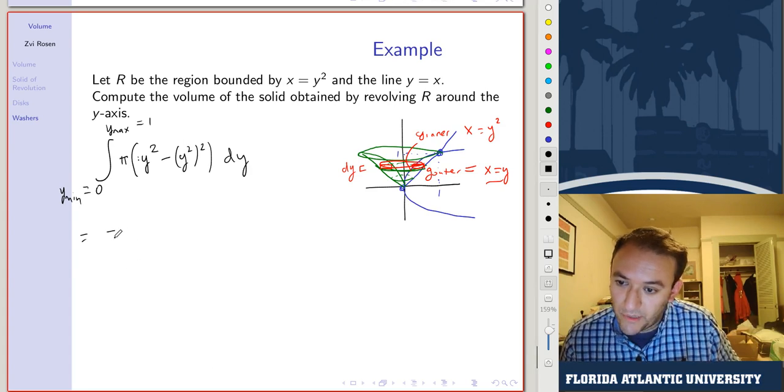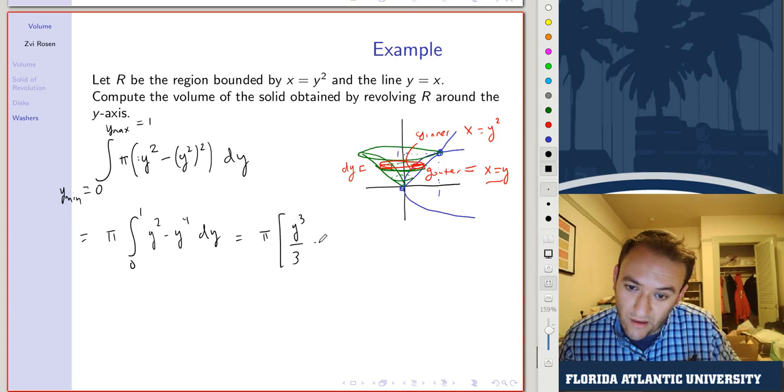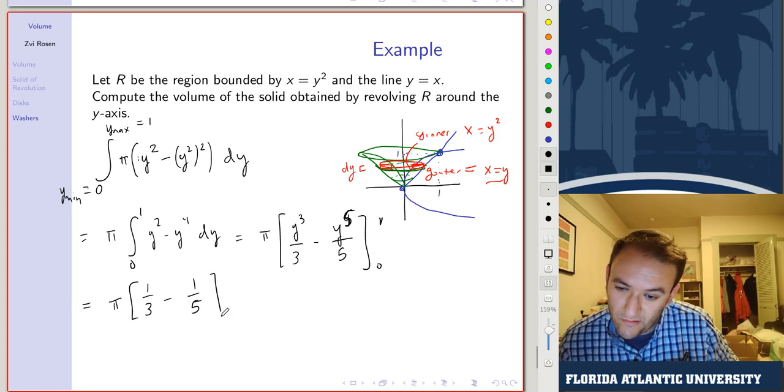Okay, and from here it's relatively simple. Pi times the integral from 0 to 1 of y squared minus y to the 4th dy equals pi times y cubed over 3 minus y to the 5th over 5, from 0 to 1, which gives us pi times 1/3 minus 1/5, or 2 pi over 15.